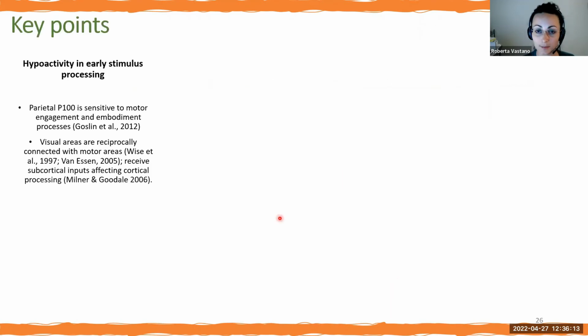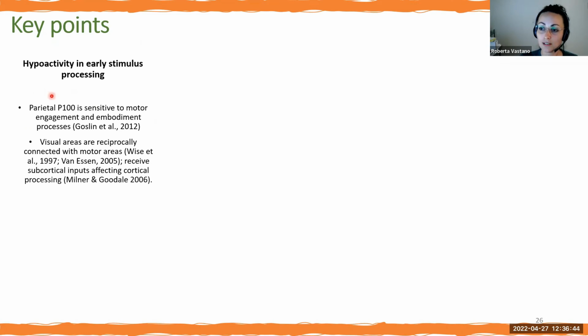So what does all this mean? We found basically hyperactivity in early stimulus processing. As I said, the P100 peaks for any visual stimulus, but has also been shown to be sensitive to stimuli that evoke any embodiment effect or affordance. So it could be that these effects are less salient in SCI, inducing a reduction in the amplitude of the P100.